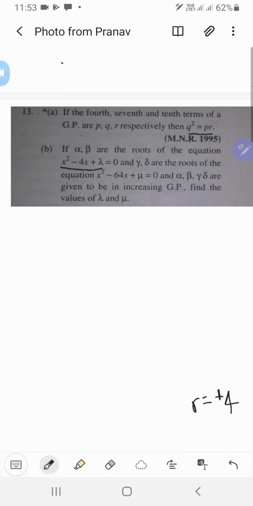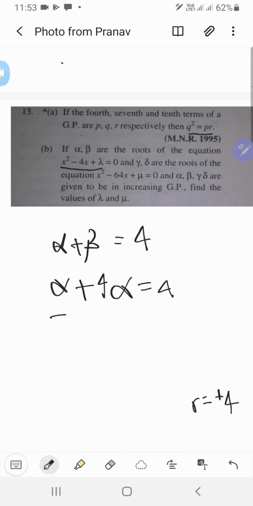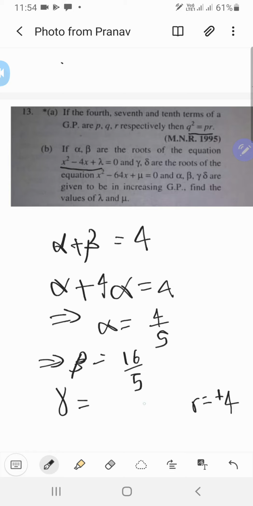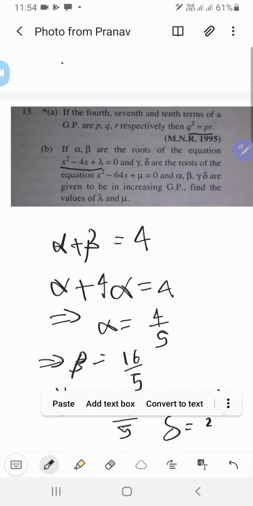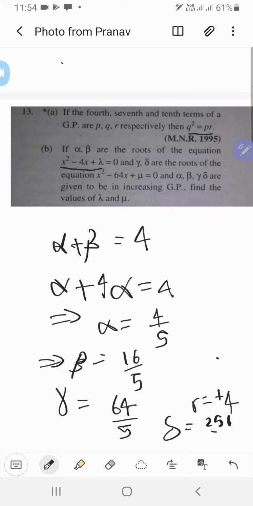Now you know that the ratio is going to be plus 4, and you also have the fact that alpha plus beta is equal to 4, which means that alpha plus 4 alpha is equal to 4, which means that alpha equals 4 upon 5, which implies that beta is 4 times this thing, which is 16 upon 5. Gamma is 4 times this thing, 64 upon 5, and delta is 4 times this thing, which is 256 upon 5.